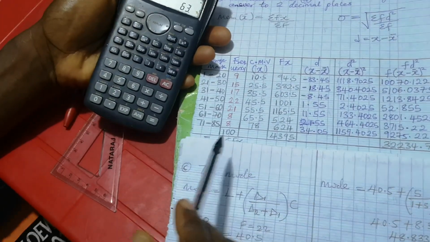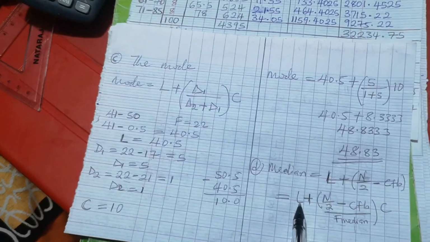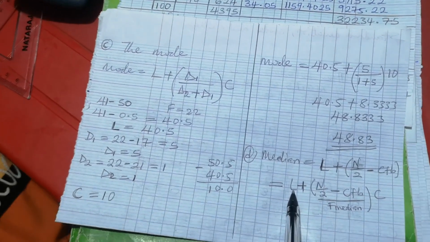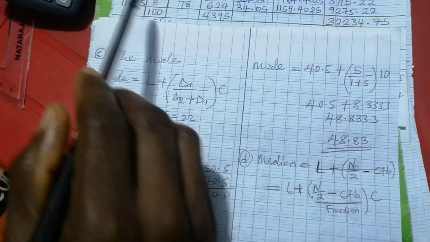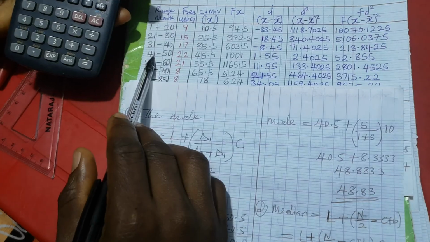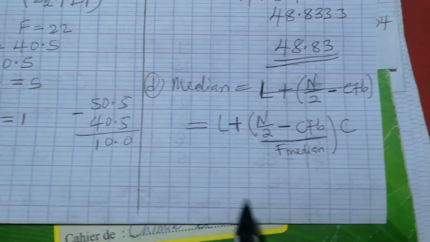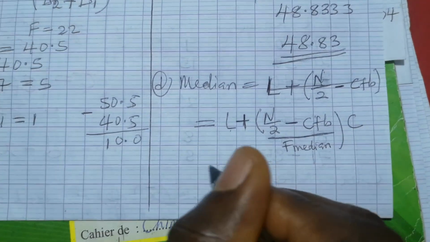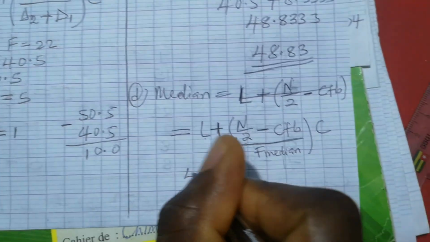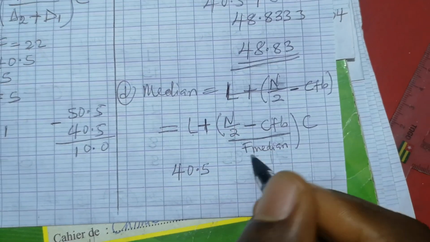L here stands for the lower class boundary of the median class. We have already calculated this. The lower class boundary here is 40.5, so our L is 40.5.